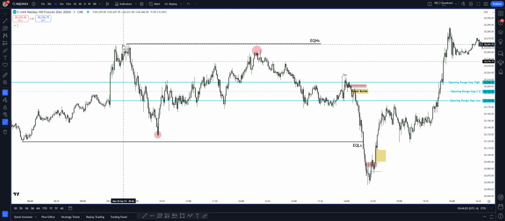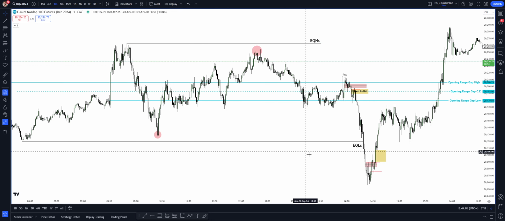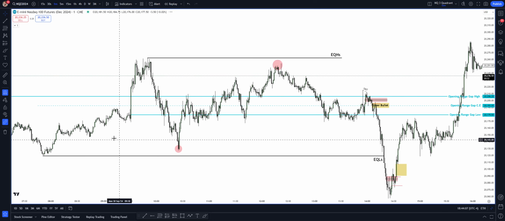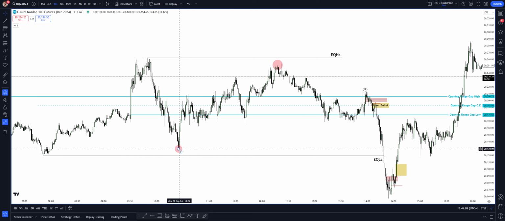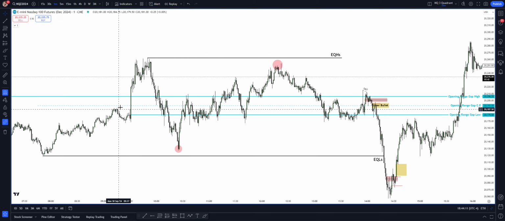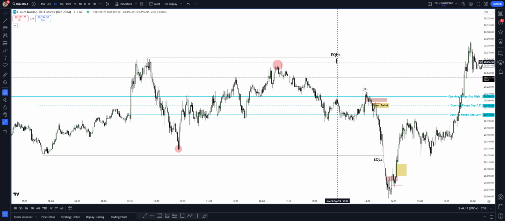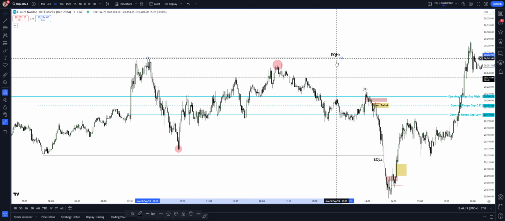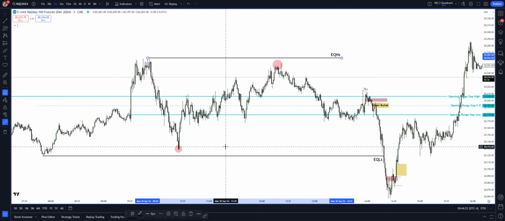Algorithmically, the market will reprice the opposite side of this equal low, or this sell side, which is the buy side right there. When you see equal highs and equal lows on both sides, remember my turtle soup class.